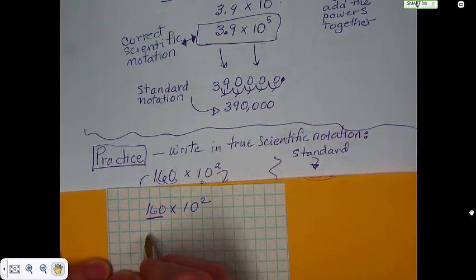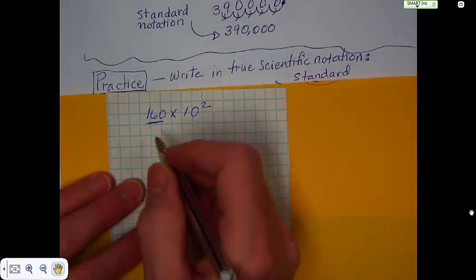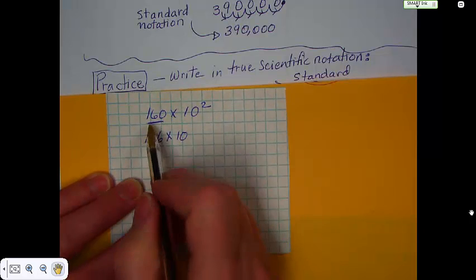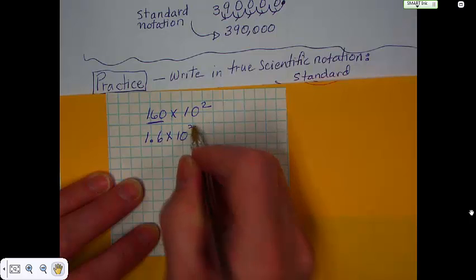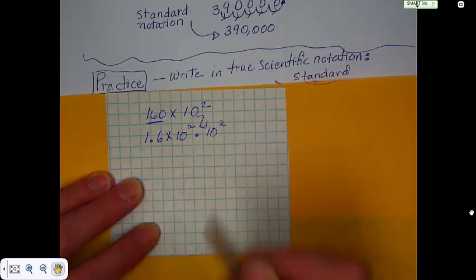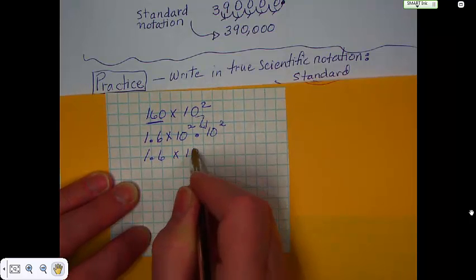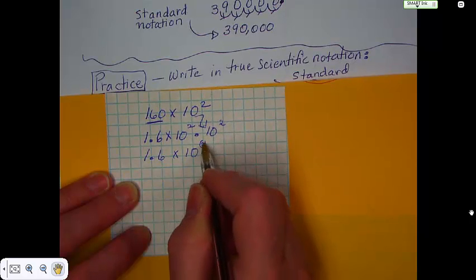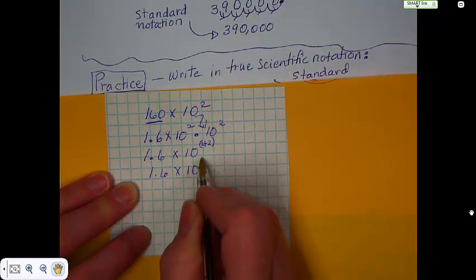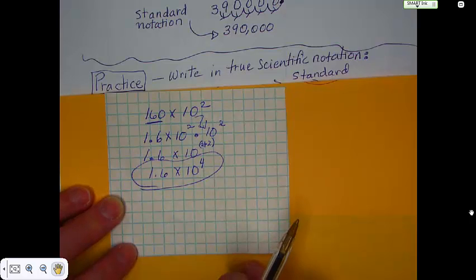So we would write this as 1.6 times 10 to the, well, we go 1, 2, second power. And then we bring this one down, times 10 to the second power. And that ends up being 1.6 times 10 to the 2 plus 2, which is 1.6 times 10 to the fourth. It is now in proper scientific notation.